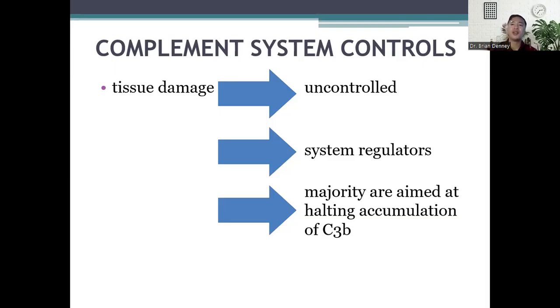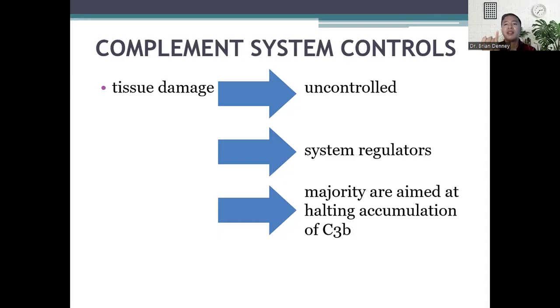Okay. Now, basically what happens is that when there is uncontrolled activation of your complement system, it causes damage to your own tissues. Remember, what are those byproducts in your complement system? We have your C2b, which is a vasodilator, increasing vascular permeability, leading to edema.